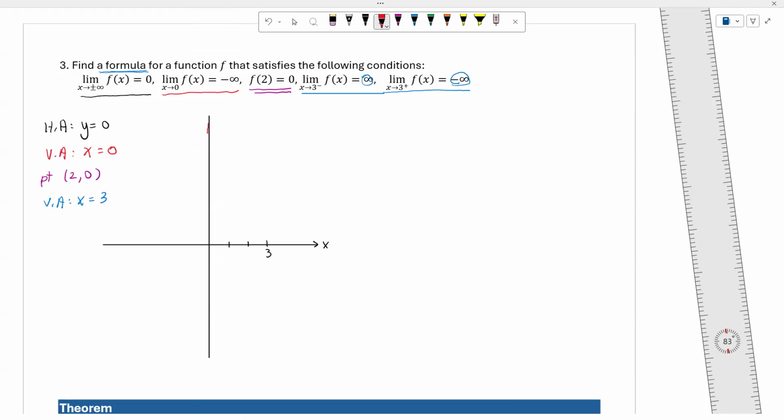We have vertical asymptotes x equal to 0 and x equal to 3. We have a horizontal asymptote y equal to 0. We have a point (2, 0). Okay.